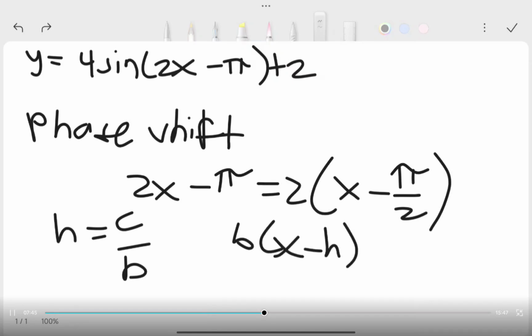So from here, it shifts pi over 2 to the right. So the graph shifts right by pi over 2.